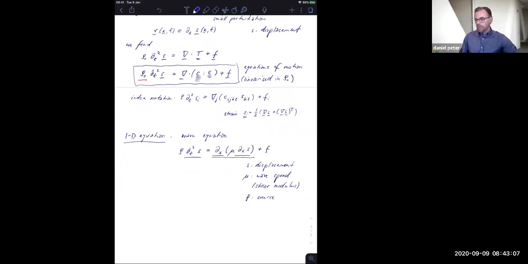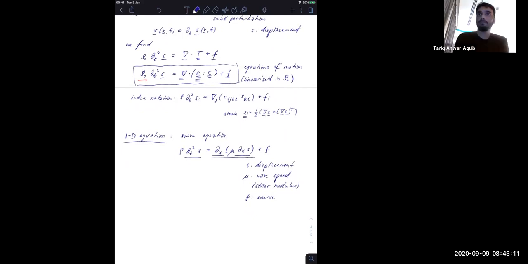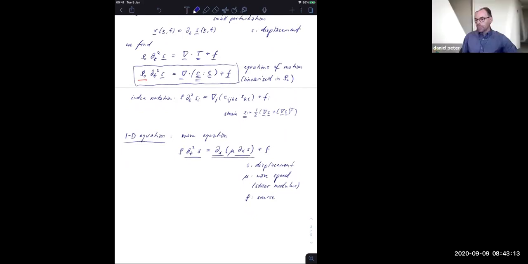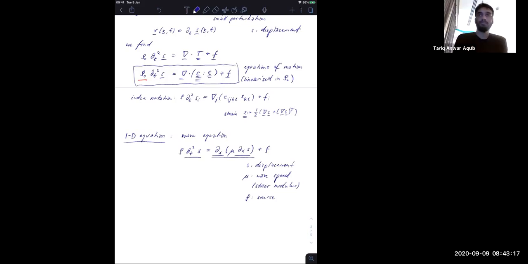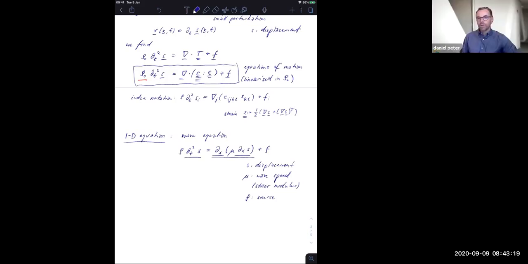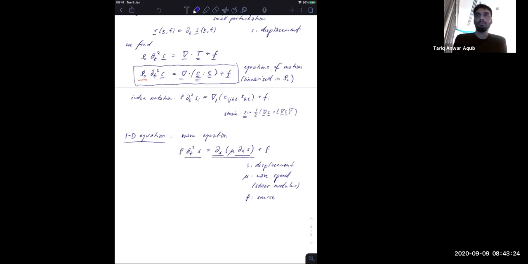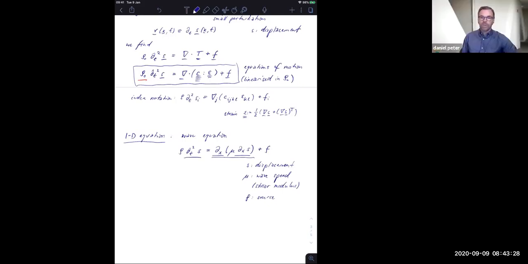Basically that's what I wanted to come to today. If you want, I can quickly introduce some of the finite difference schemes now, then we don't have to do it tomorrow. And tomorrow we will look at the conservation of energy. And then we come basically to the heat equation.